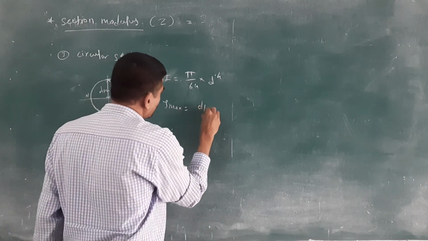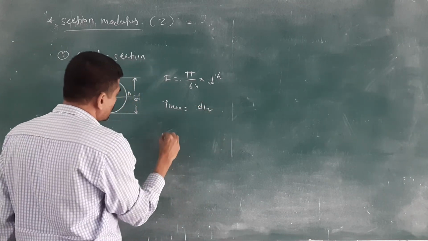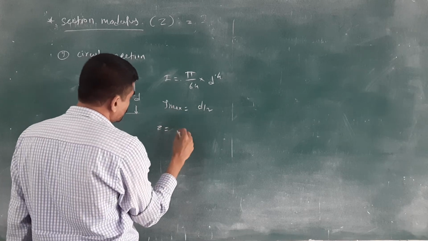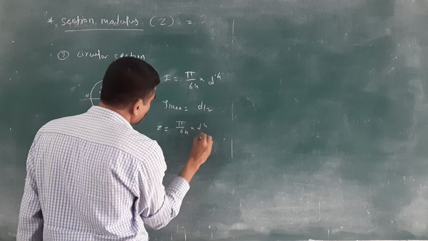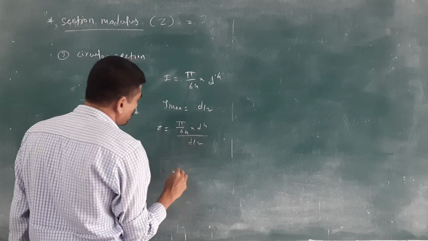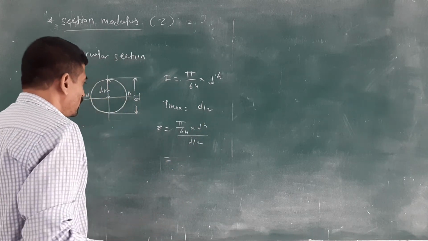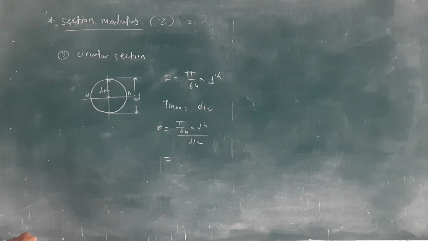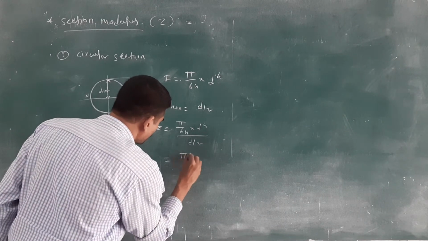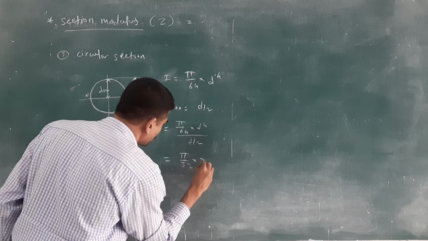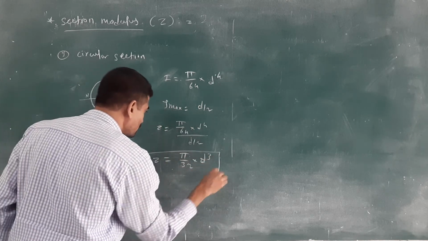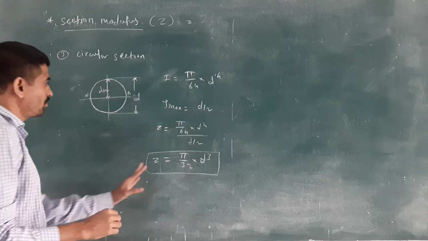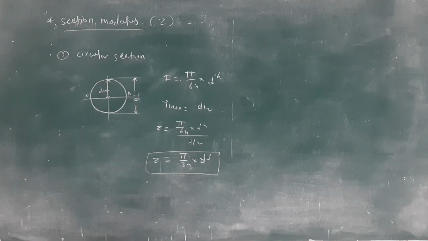Then you will get Z is equal to pi by 64 into d raised to 4 divided by d by 2. D gets cancelled and you will get pi by 32 into d cube. This is the section modulus for the circular section.